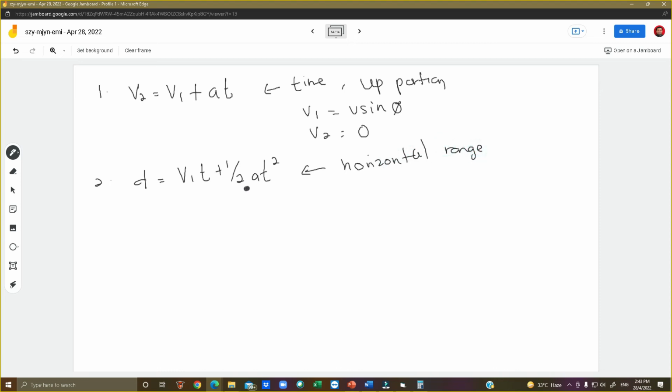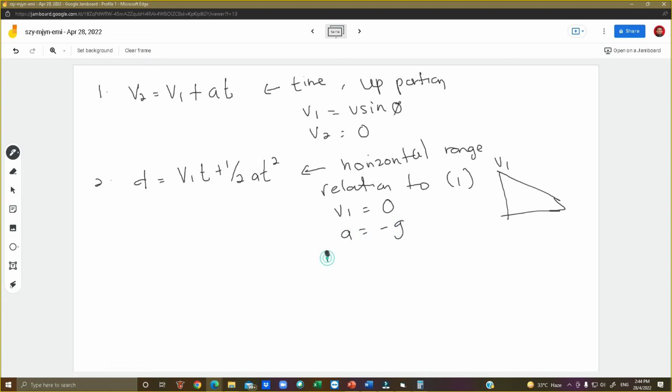And for this part, since it is horizontal range, it works in this condition where the v1 is at the top, so v1 equals to 0. Ini kalau kita nak cari T up, T down. Tapi kalau kita nak cari range, saya bagi dua-dua condition lah. In relation to equation number 1, v1 equals to 0 and a equals to negative g.